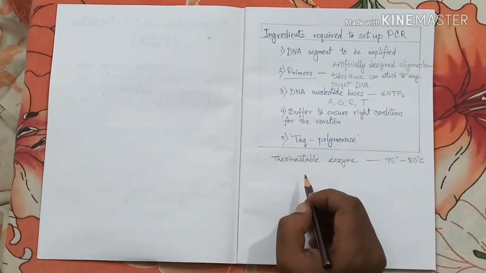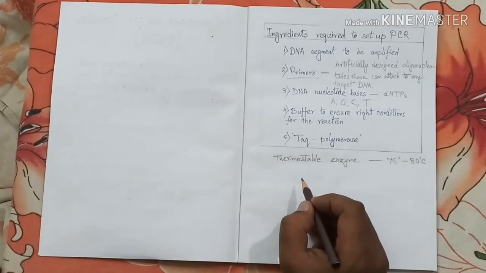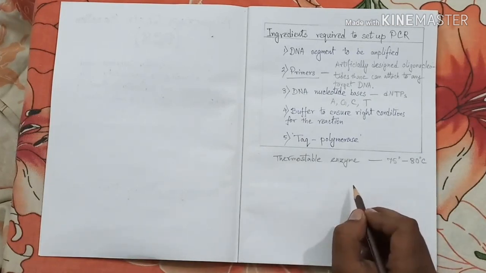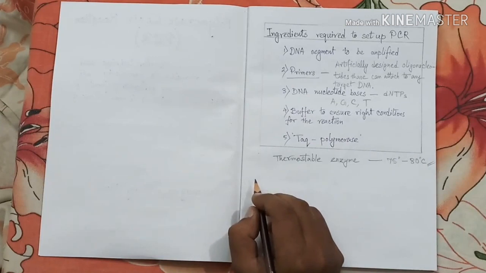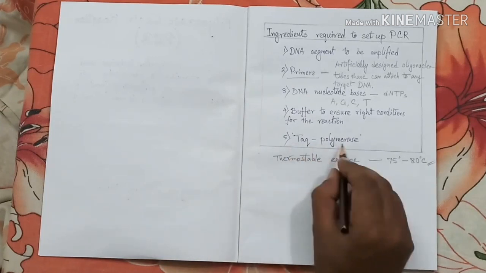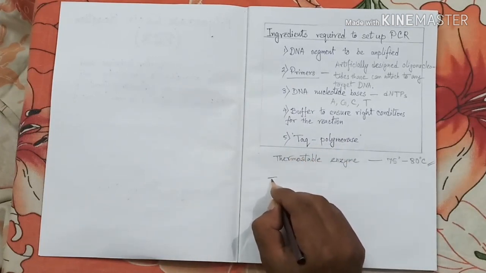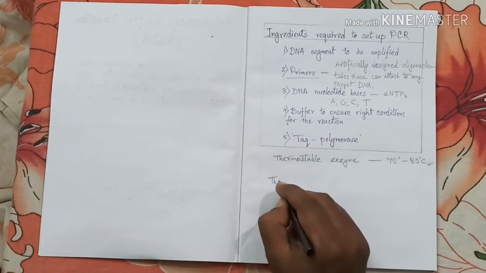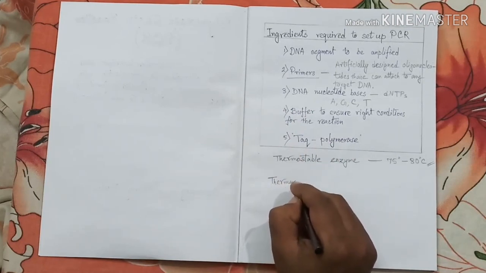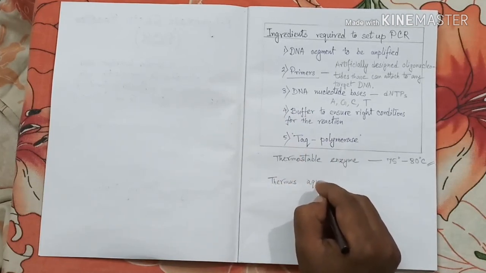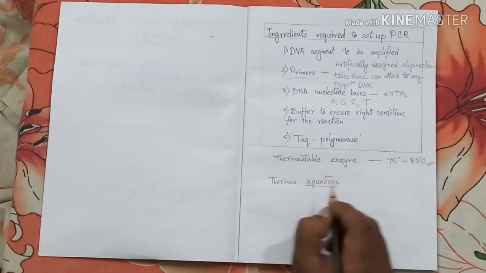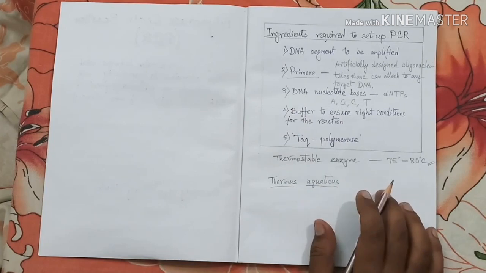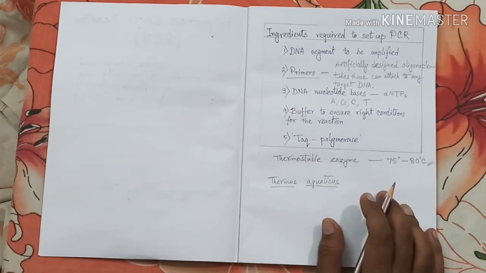So, it is a highly heat stable enzyme and it can perform its entire activity even at this very high temperature. For the first time, this enzyme Taq polymerase was isolated from the bacteria Thermus aquaticus. It is a thermophilic bacteria.